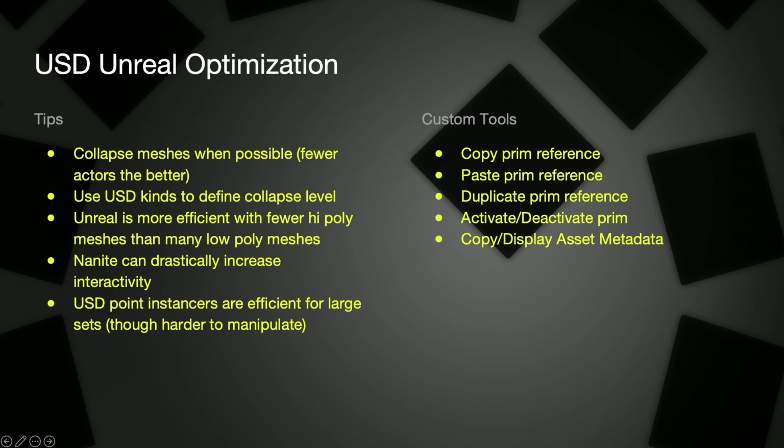So when we were working with USD and Unreal, we found a few settings that helped optimize our workflow. We found it was important to tag geometry as kinds. So tagging geometry as components or assemblies allowed us to collapse to specific levels and avoided generating too many actors.